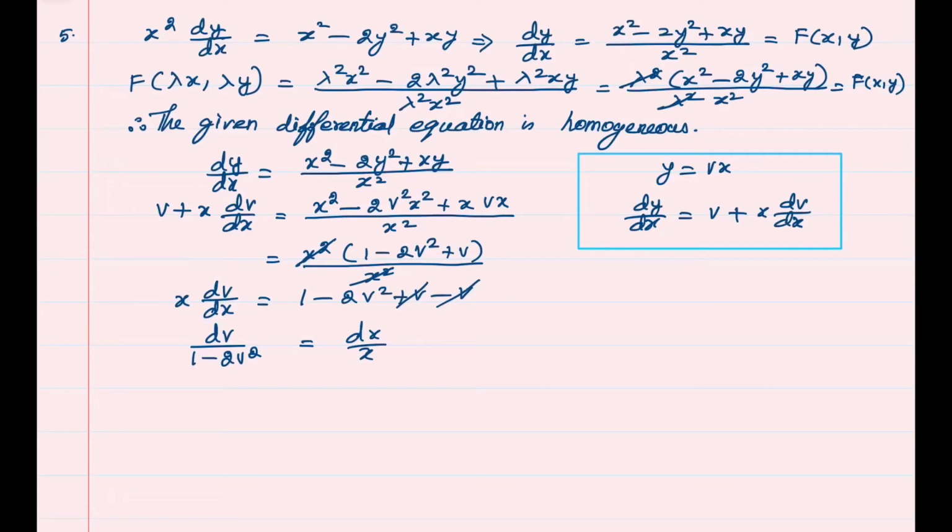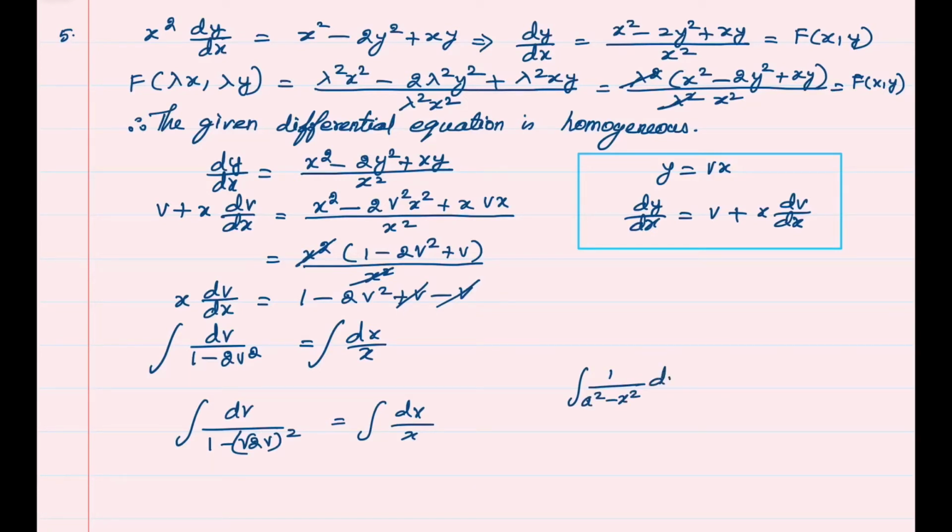Now after this simplification, variable separable method, dv divided by 1 minus 2v square is dx by x. We will integrate both sides. We will write this as dv divided by 1 minus root 2v the whole square. And we will use the formula integral 1 divided by a square minus x square dx, which is 1 by 2a log of x plus a divided by x minus a plus c.